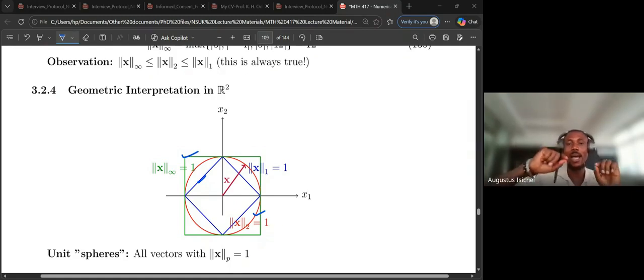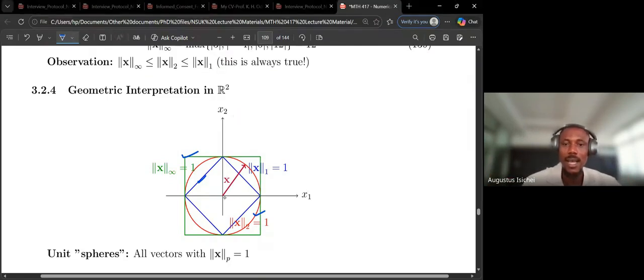So I am working with a vector x that starts from the origin to the circumference of the circle.